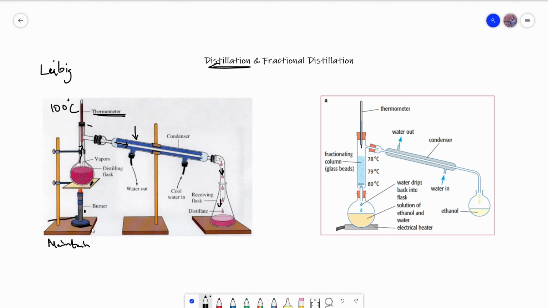The water is going to rise up as vapor, leaving the salt particles behind. It's going to rise up and travel through the round bottom flask and into this condenser. Now the condenser has cool water coming in and moving around this tube, which has the water vapor going in.